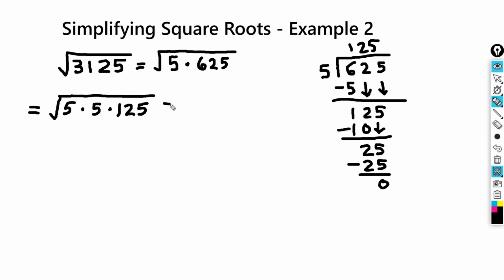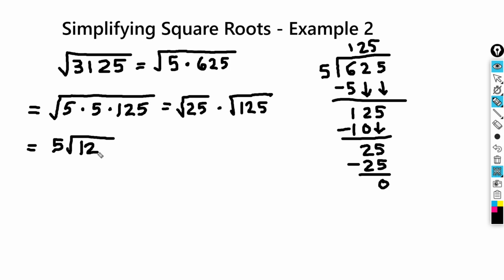So another way I could write this is the square root of 25 times 125. So we're simplifying it already. So now we've got 5 times 125, because the square root of 25 here is 5.